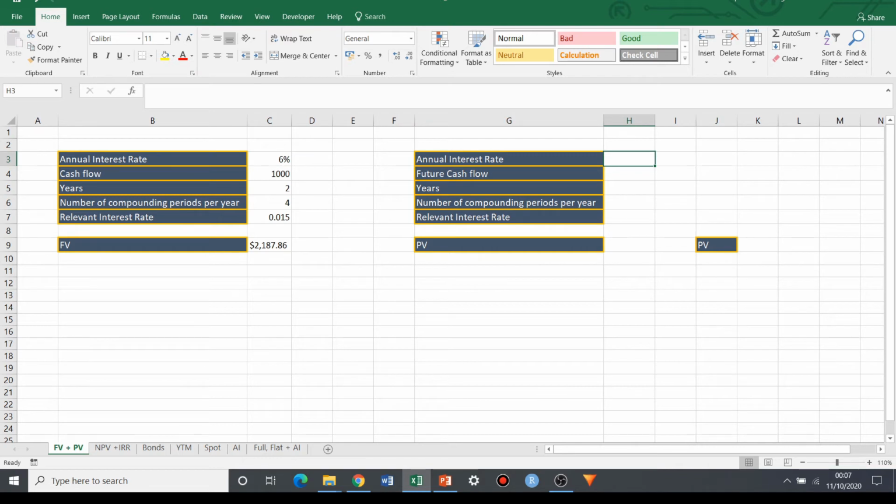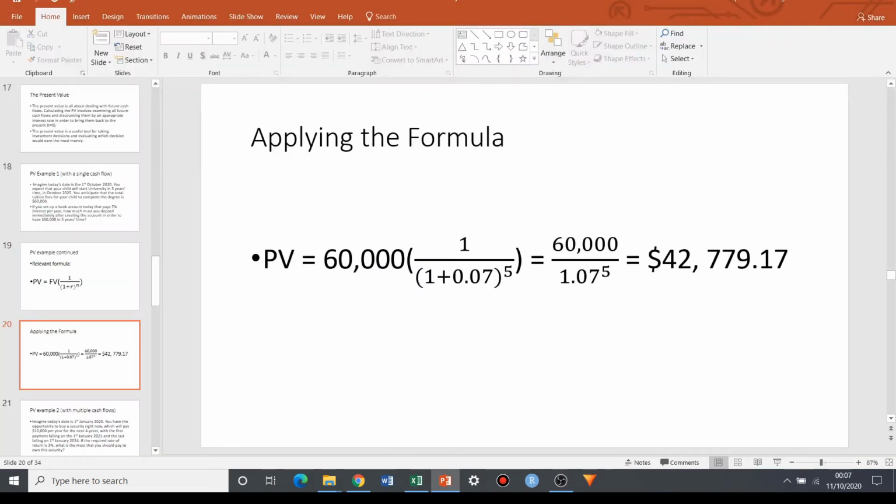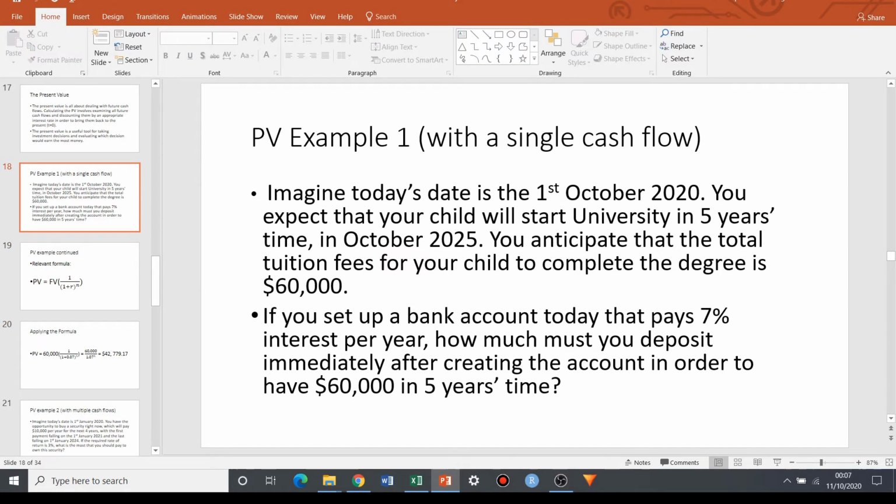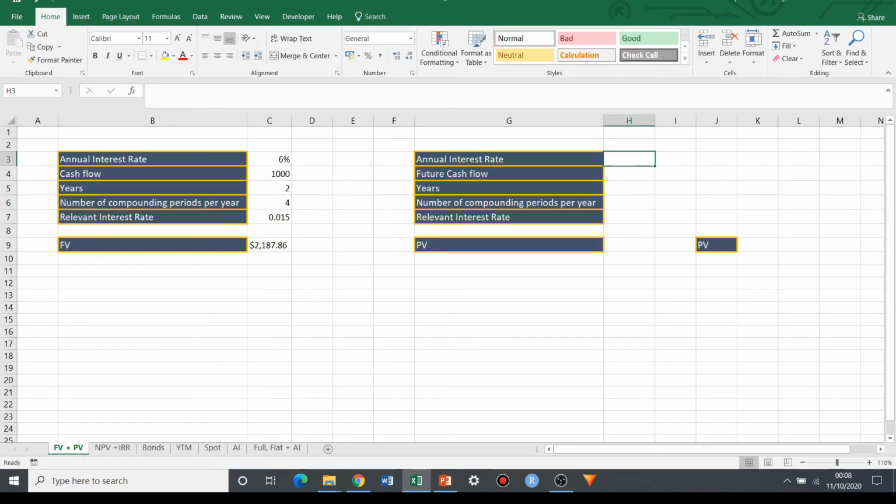So now what we're going to be doing is using this table on the right hand side of the worksheet, and we're just going to input all the variables based on the particular facts of the question. So just moving back to the question then, what's the annual interest rate? Well, looking at the second bullet point, it says 7%. What's the future cash flow?